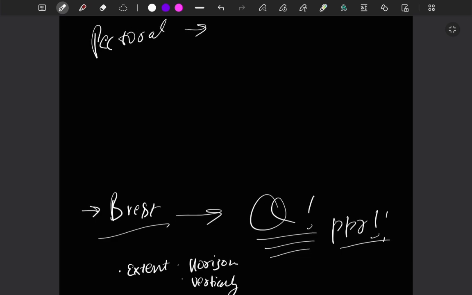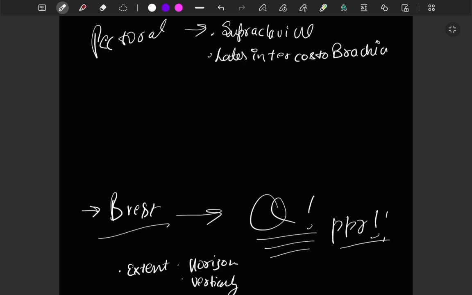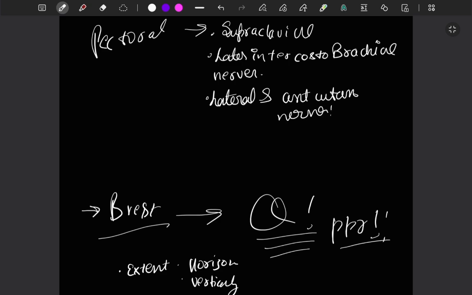I forgot about one good thing of the pectoral region, the nerve supply. Nerve supply is supraclavicular nerves, lateral intercostal nerves, intercostobrachial nerves, and then lateral cutaneous and anterior cutaneous nerves.